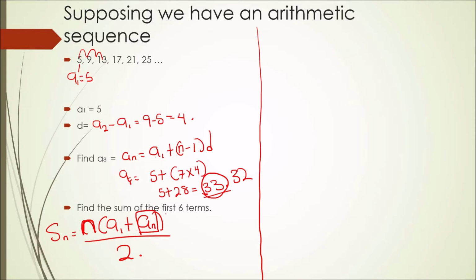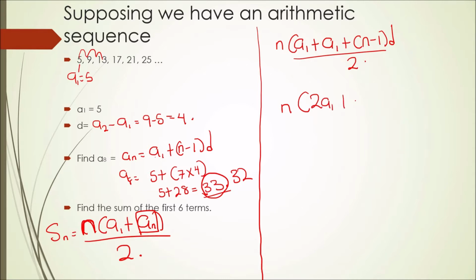So we can extend this and say n times (a1 plus a1 plus (n minus 1)d) over 2, which gives n times (2a1 plus (n minus 1)d), everything over 2. So we can use this one or this one.